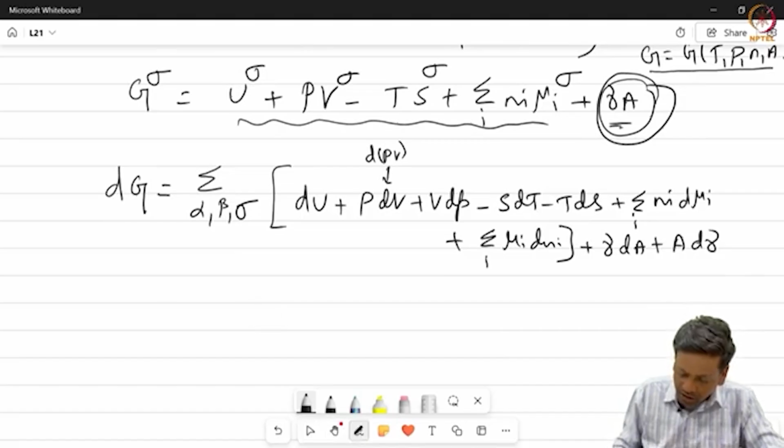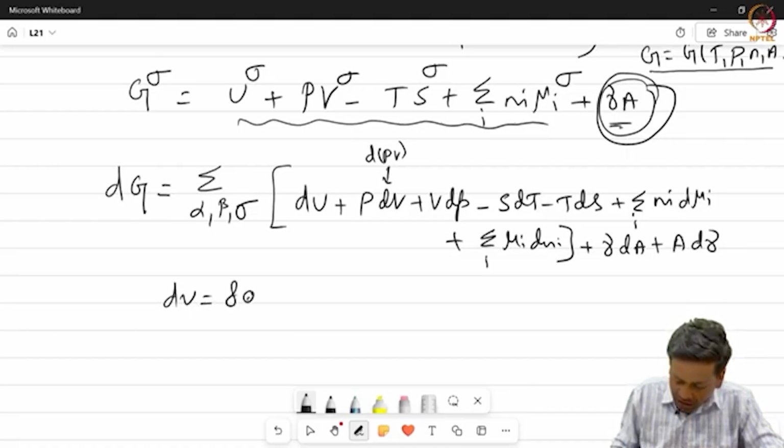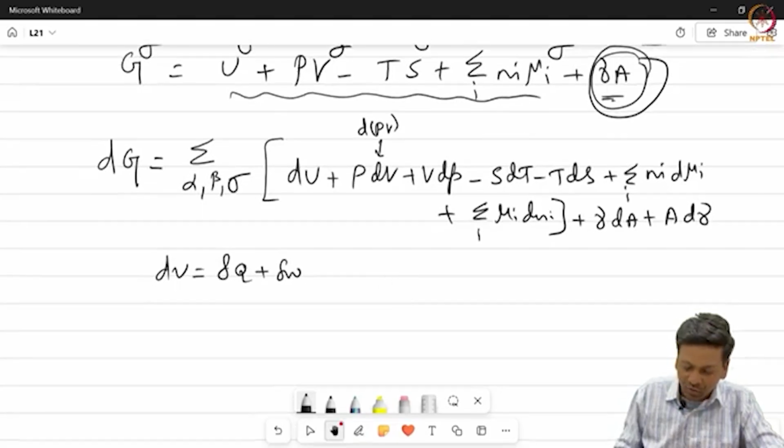Now, from the first law of thermodynamics, we know the change in internal energy can be defined as delta Q plus delta W, which is the work done.